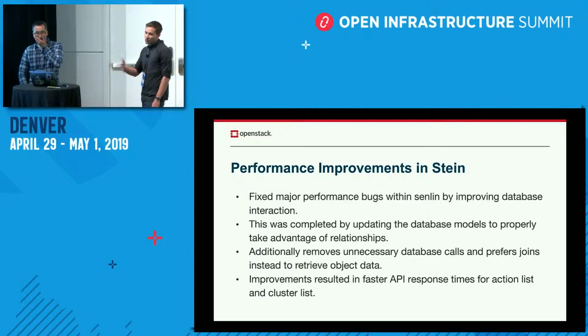So we reduced that. We made them more scoped to the exact data that they should pull. We reworked all of that code, which made the databases a lot faster when retrieving data on actions or clusters, and reduced some really large action lists to like 1,000% faster.